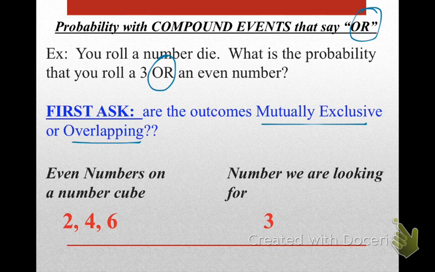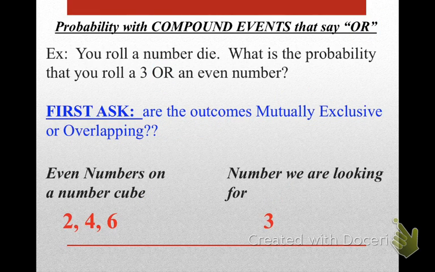So mutually exclusive is they won't occur together. Overlapping is that they can occur together. So I have listed out that you roll, first of all, just how many 3s. So this is the chance of rolling a 3. And then I've listed out the even numbers.